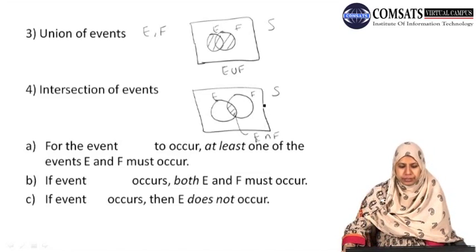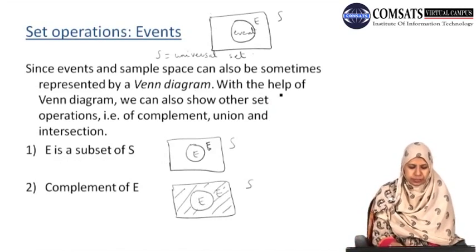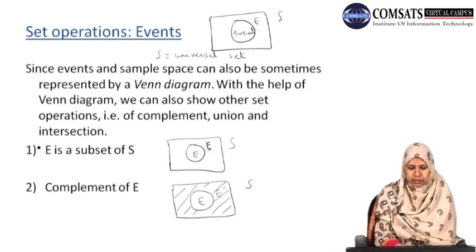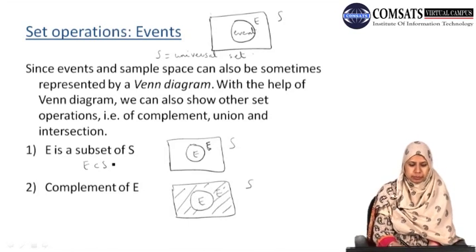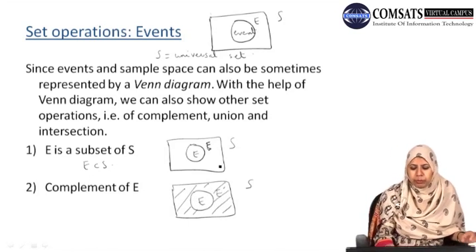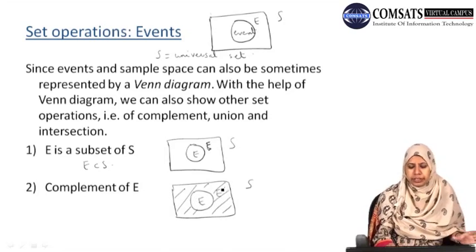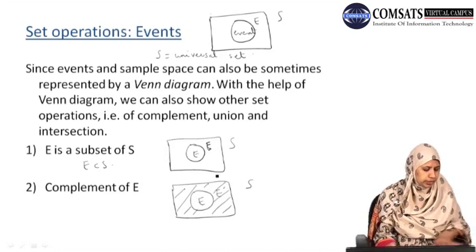Okay, and how do we define these four properties? The first property is that E is a subset of our sample space S. The complement E complement of an event E contains which sample points?